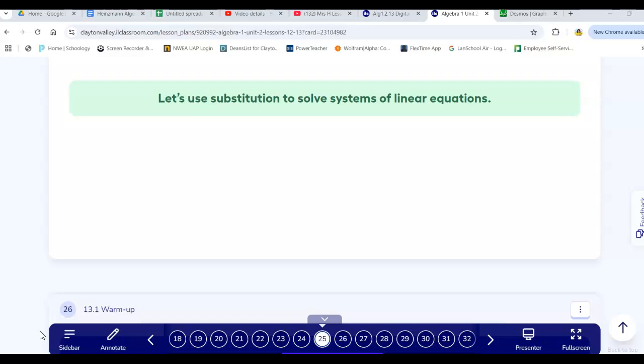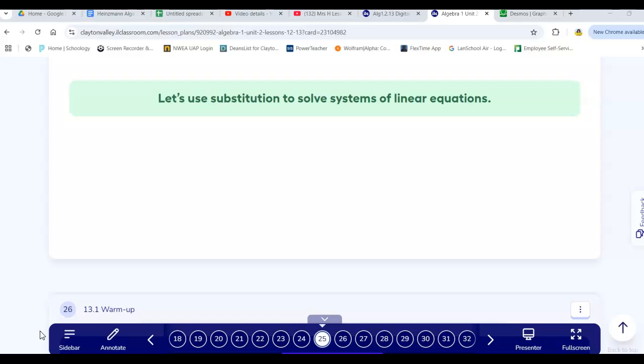So in lesson 12, what we did is we took everything we've been doing with equations, moving them around, reorganizing them, connecting them to the graph of a line. And then we solved a system of linear equations, which means two linear equations that are related to each other.